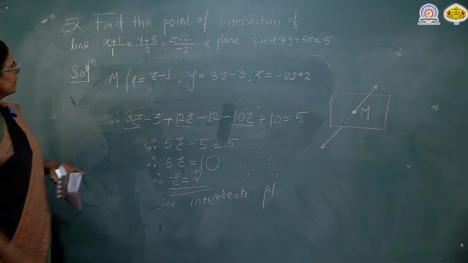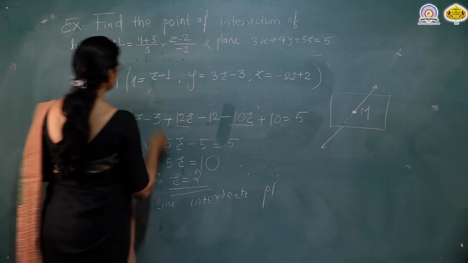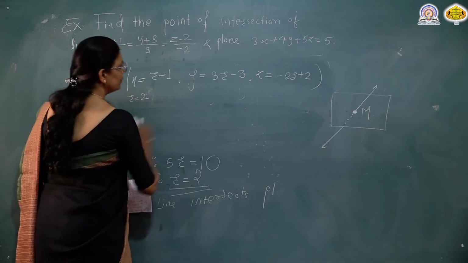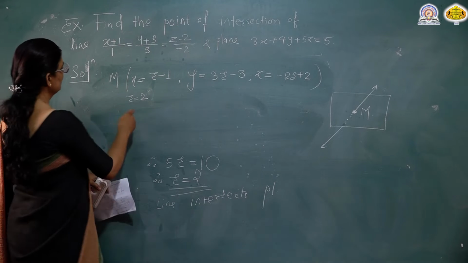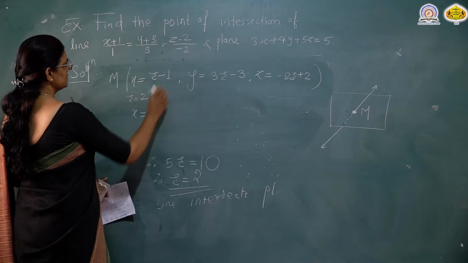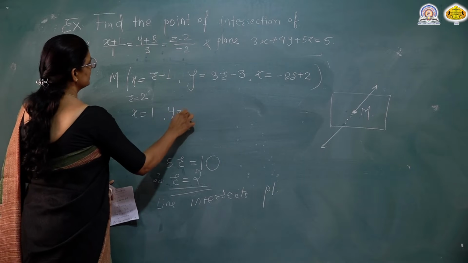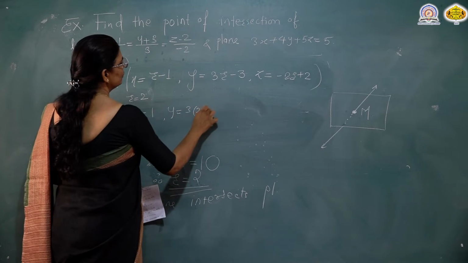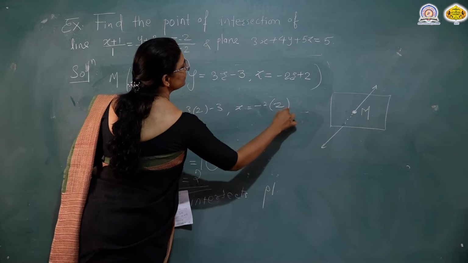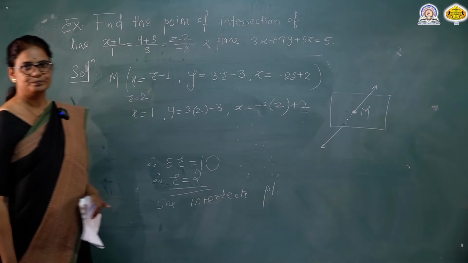These are the coordinates of M. So now substitute here r equals 2. So we get the required point of intersection. The x coordinate of the point of intersection is 2 minus 1 is 1, y equals 3 into 2 minus 3, z equals minus 2 times 2 plus 2.